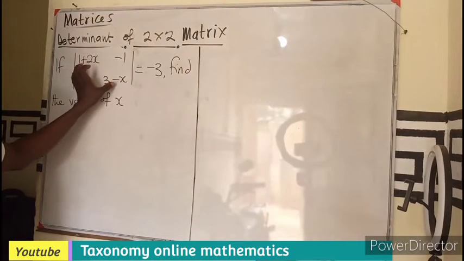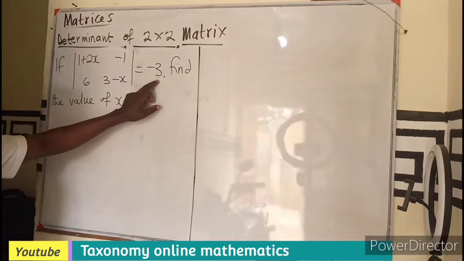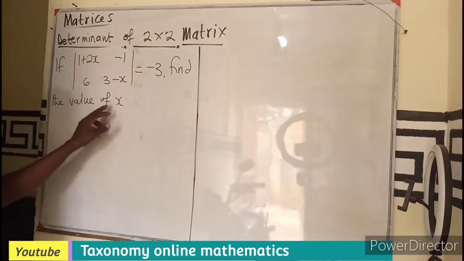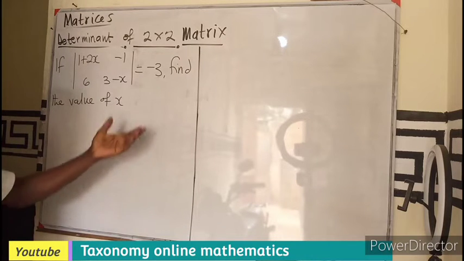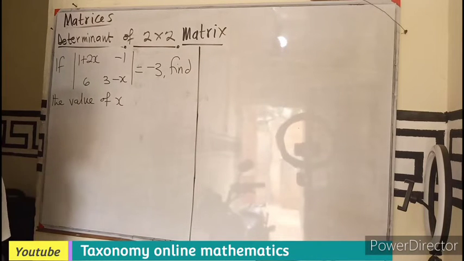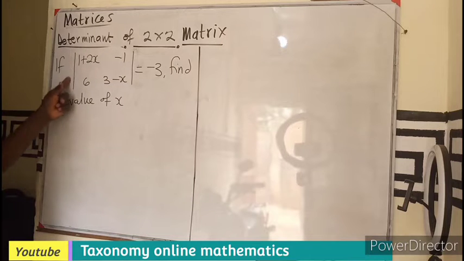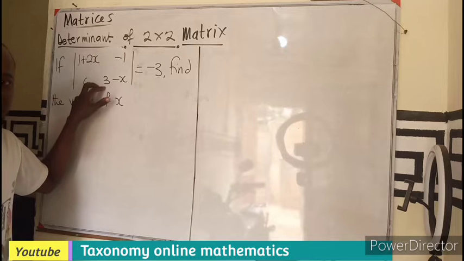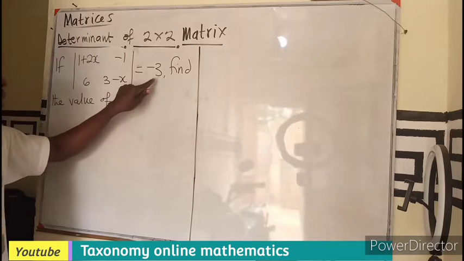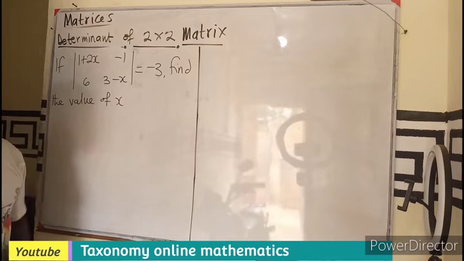If the determinant of this particular matrix is negative 3, we have to find the value of x. You can see that this bar here simply means determinant. The question does not mention anything about determinant, but the bar, as we are seeing here, simply means we need to find the determinant of this. And after finding this, we should have negative 3.